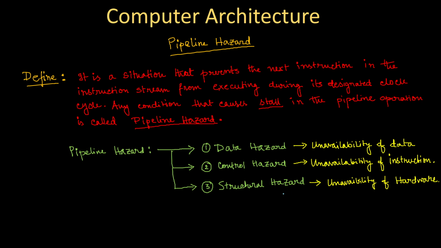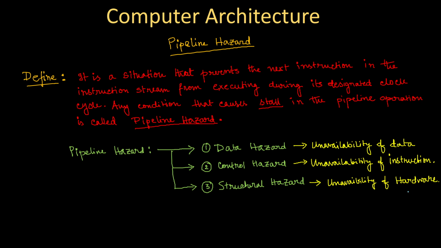Now if we come to structural hazard, this is about the unavailability of hardware. It's not possible to show the situation with a diagram, but just assume a situation where two instructions in a pipeline try to access the same hardware at the same point of time. Naturally there will be a resource conflict.